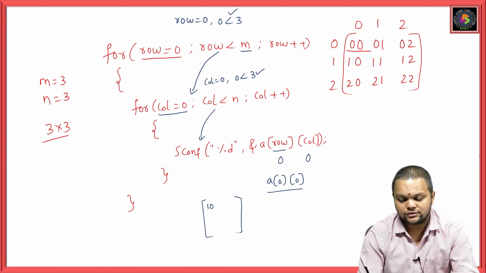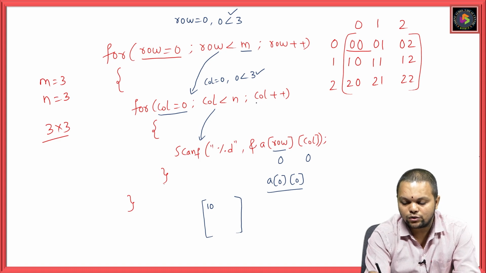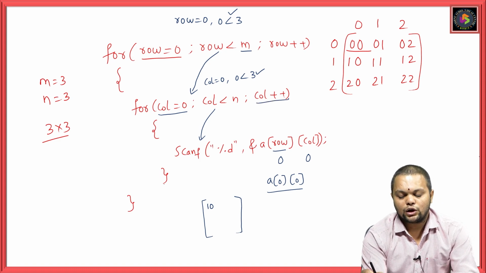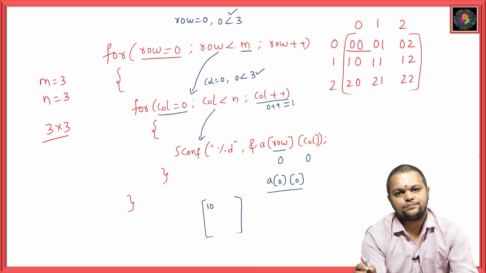In the next iteration, after completion of this, control will directly go to column plus plus. The value of column is 0, column plus plus, the value of column will be 1 now, 0 plus 1, that is 1.